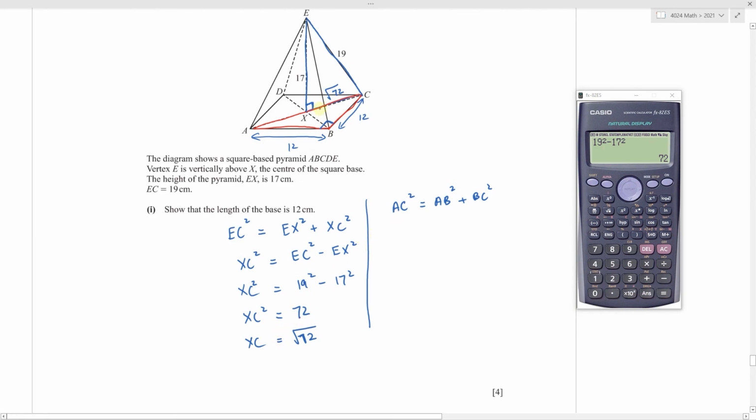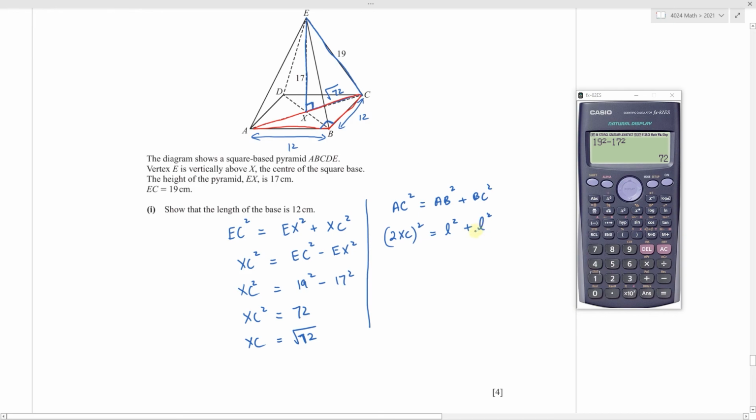AC is 2 times XC, and then the whole squared. Let's call this base length L. AB is L, BC is L as well, so L squared plus L squared.